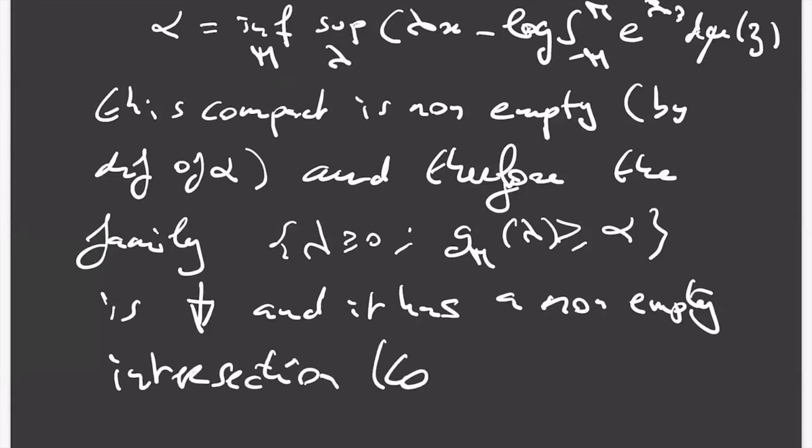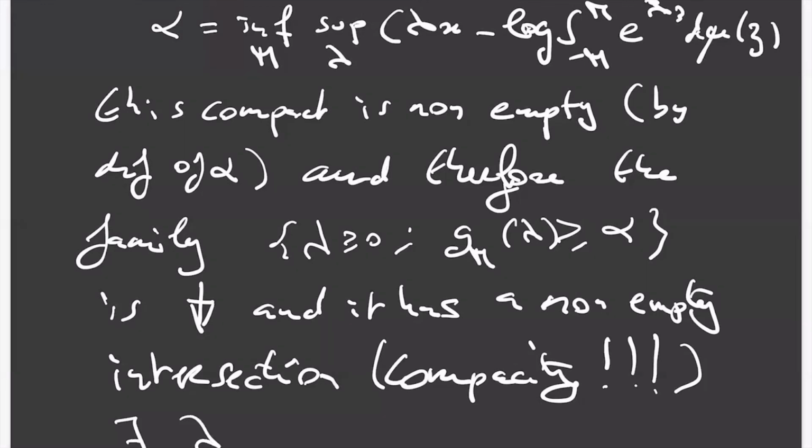And this is a compactness argument. And now we are happy because we have the existence of some point lambda star belonging to the intersection of the level sets.